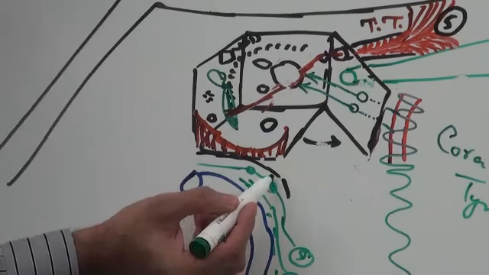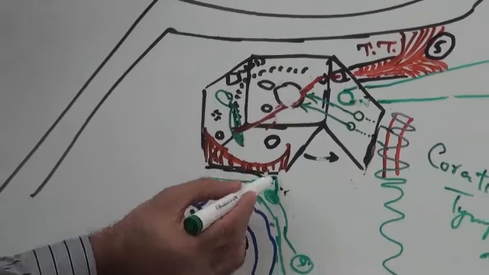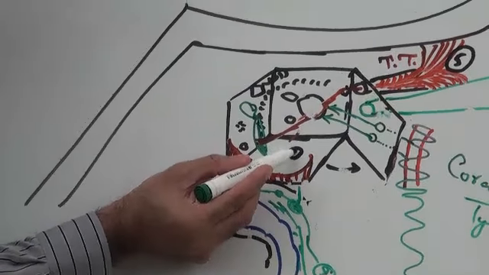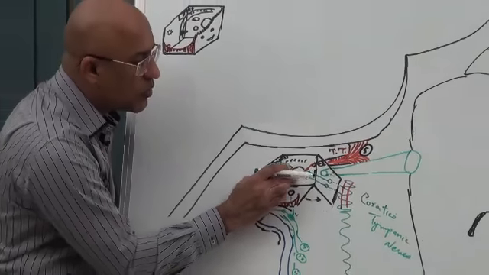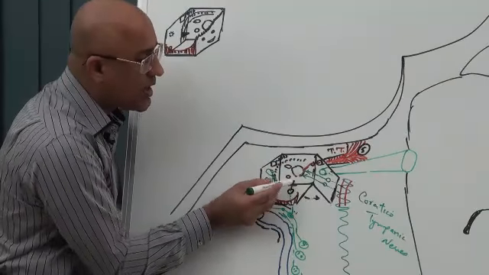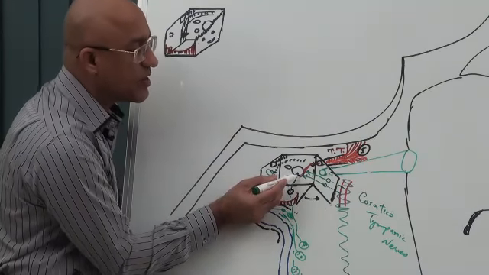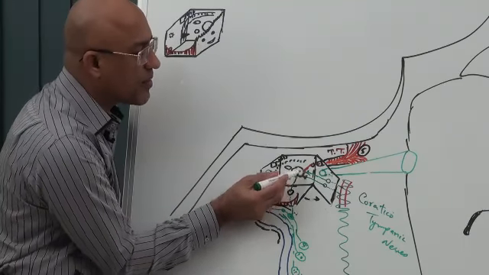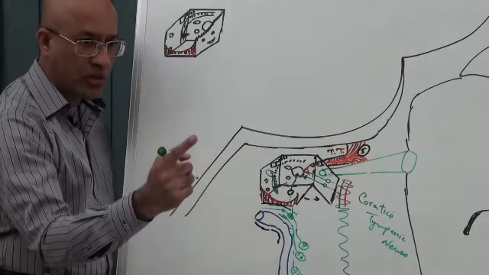In between them there is a bony ridge. Through that ridge these fibers enter and make a hole in the floor, and through this hole these fibers move upward and medially, and they bring parasympathetic fibers and sensory fibers to the tympanic plexus.